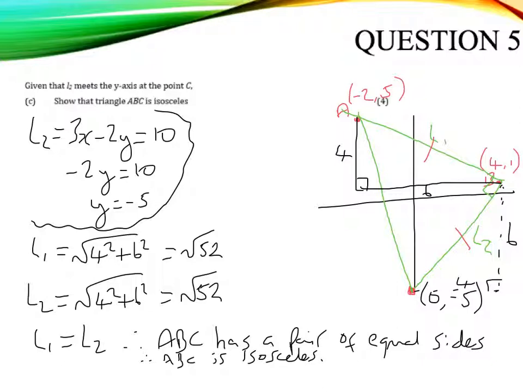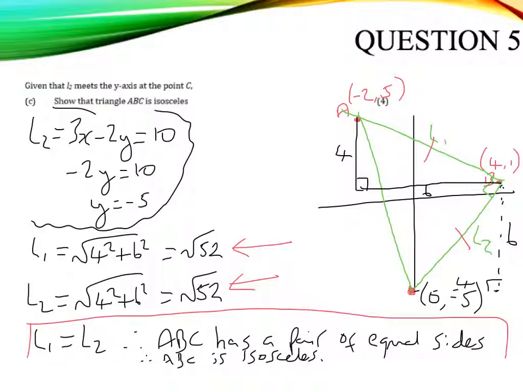It's always worth putting down the explanation of why you think it's isosceles. It does in fact say show that. So I've done some maths. It's not enough to stop at this point here this time. You must have a line that then explains why you've done the maths that you've done. Okay, it's very straightforward. In your head you've been doing it. Just make sure you've written it down as well. And do it neater than I have.